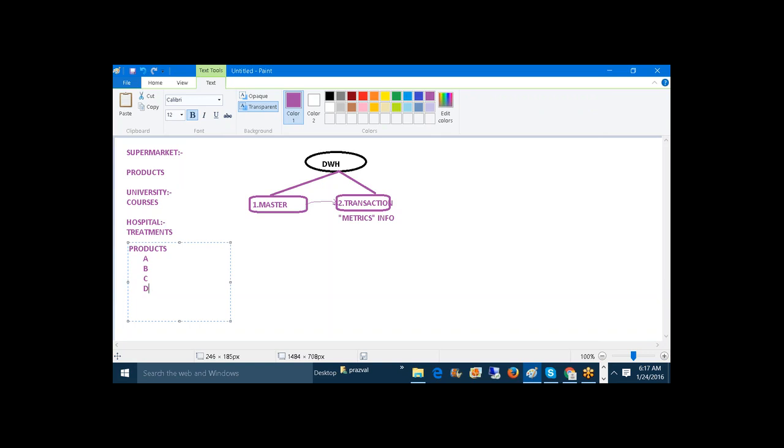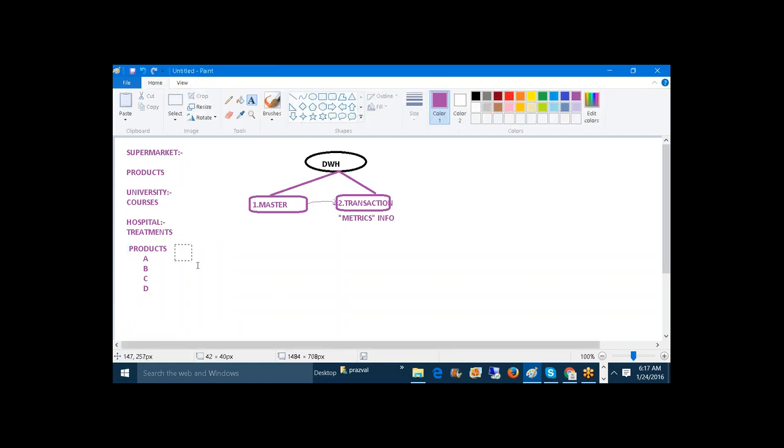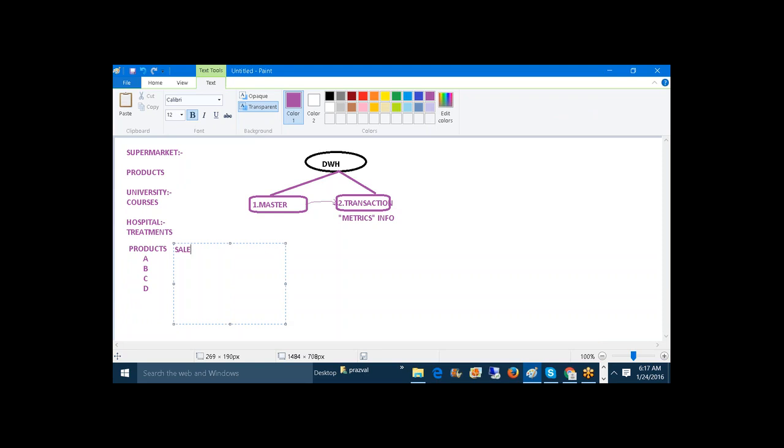How do we compare them? We need some metrics. Metrics are nothing but numbers, integers which are used to analyze the business. So here we make use of numbers like sales or profits, and with the help of these numbers, we are able to compare the business.